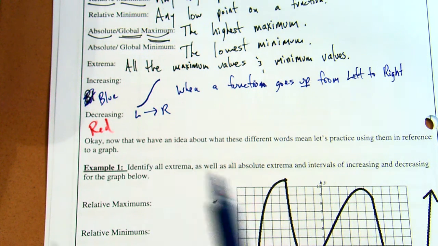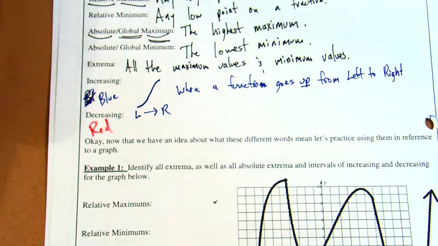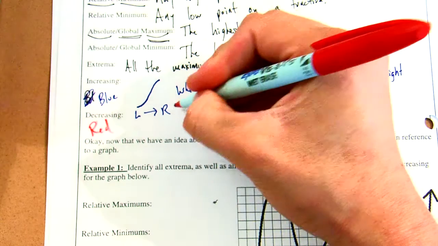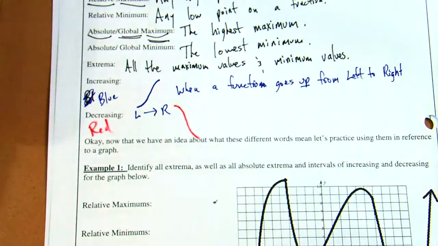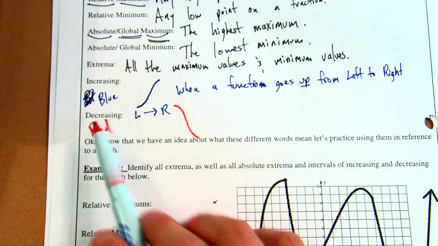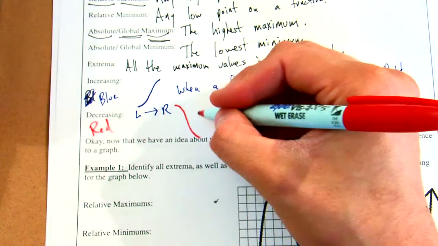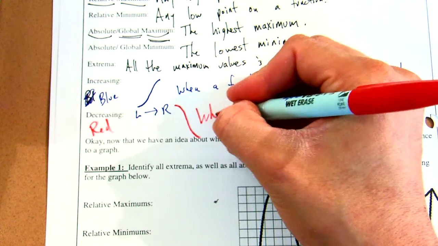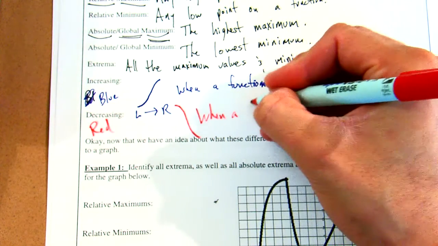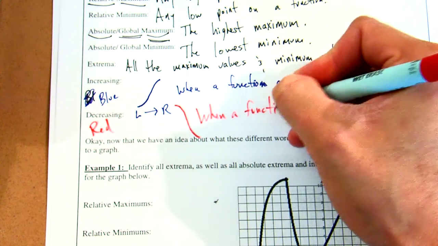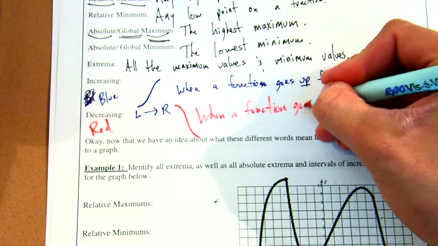Okay? Now, red is when you get to the top of the roller coaster, which is the fun part. What happens? It's the drop, right? You go, ah, right? So here you are decreasing. Decreasing is when a function goes what?